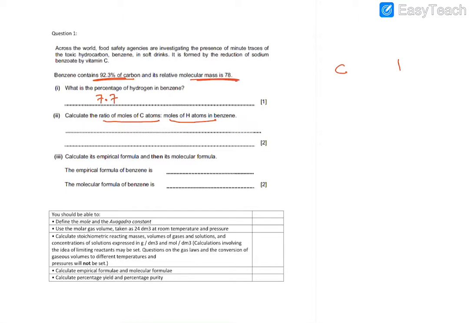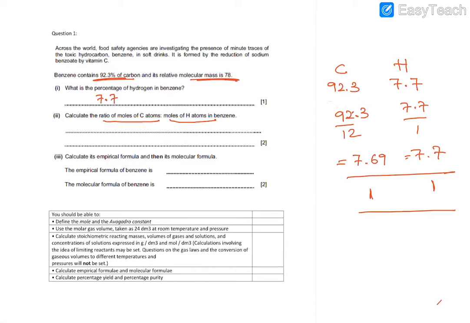So carbon, hydrogen, 92.3, 7.7, divide by Ar, 12, 1, divide by the smallest. Actually, they are both almost the same. So 1, 1. Therefore, the empirical formula is CH.